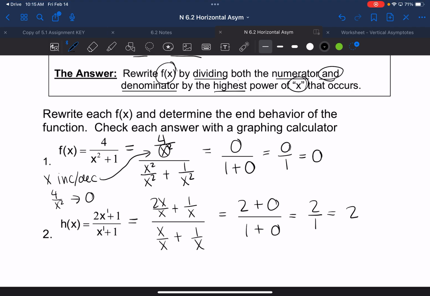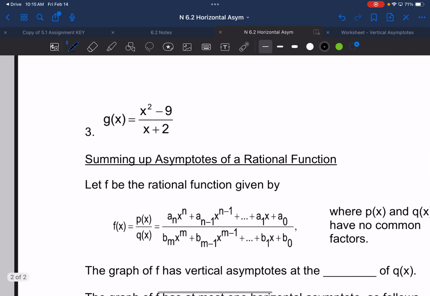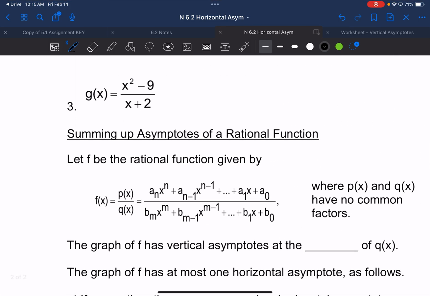Okay? So we actually have a rule that we might can come up with here. Let's look at one more example and see if we can determine what we think our rules should be. All right, we're going to try this process one more time. On number 3, what's the biggest exponent you guys see? The x squared.